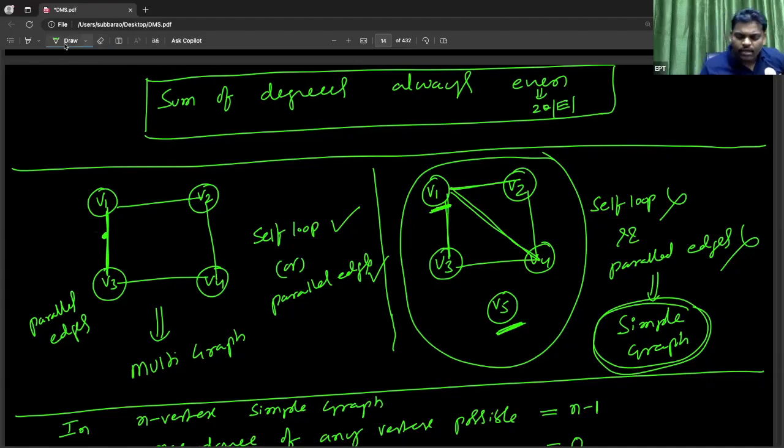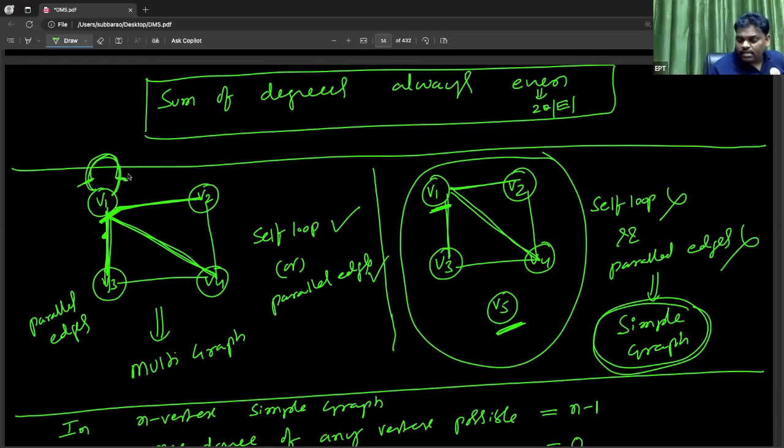Let's see, 1, 2, 3. I want maximum. 3 over already. Degree 1, degree 2, degree 3. That is fine. See the interesting answer: degree 1, 2, 3, 4, 5, because you will count this also.